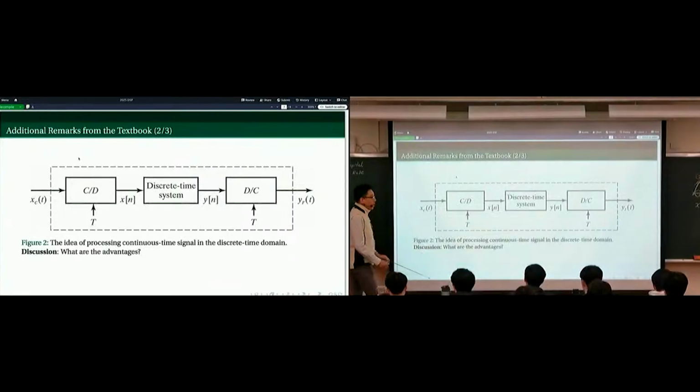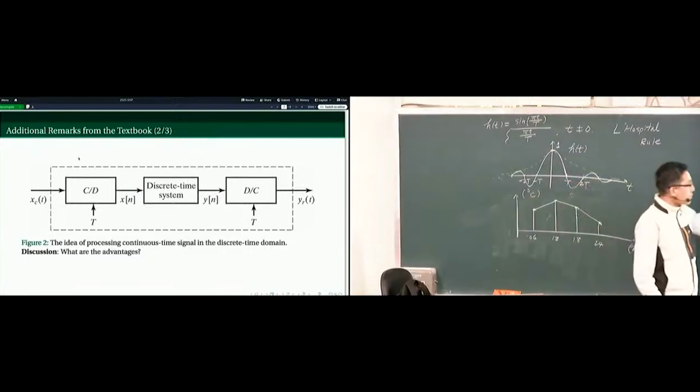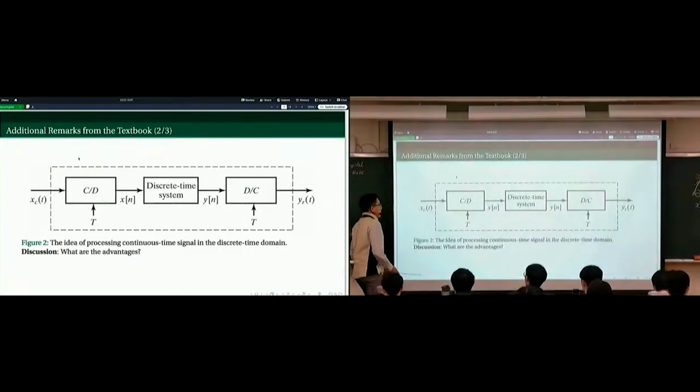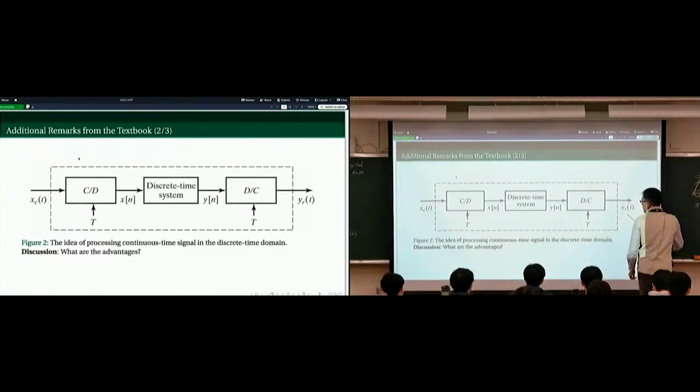When this discrete time system is put together with C to D and D to C conversion, the entire chain is a discrete time processor of continuous time signal. Let me repeat that. The entire chain of action, from the outside, appears to have a continuous time input and a continuous time output.